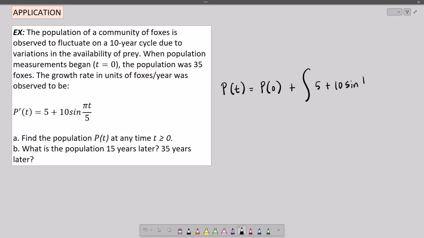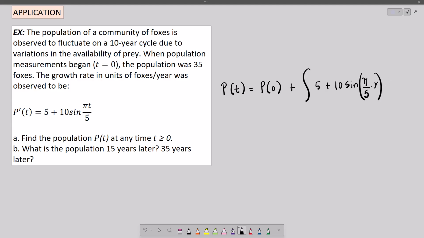And I'm going to rewrite this angle just to hopefully be suggestive. So the angle, I'm going to write it as pi over 5 times t. That's a linear function. Power on t is 1. dt. We don't want t, so we're going to switch that to x.